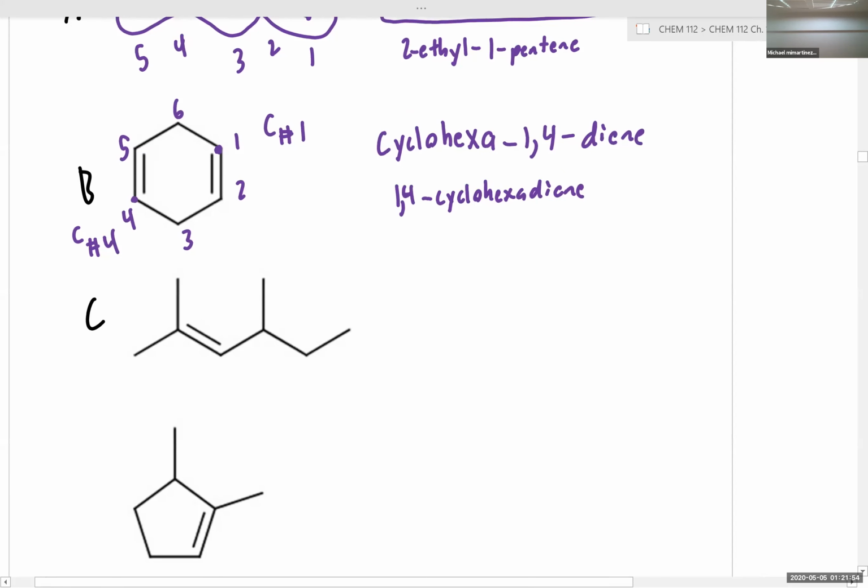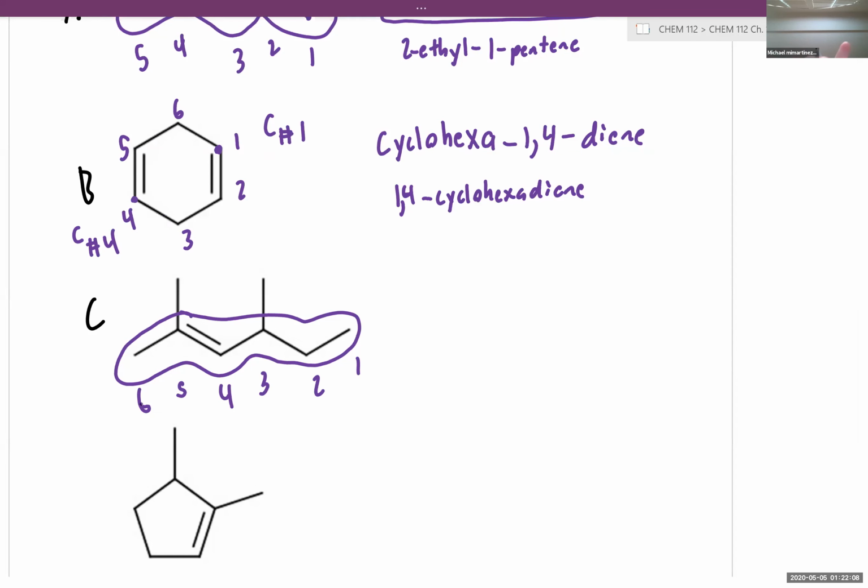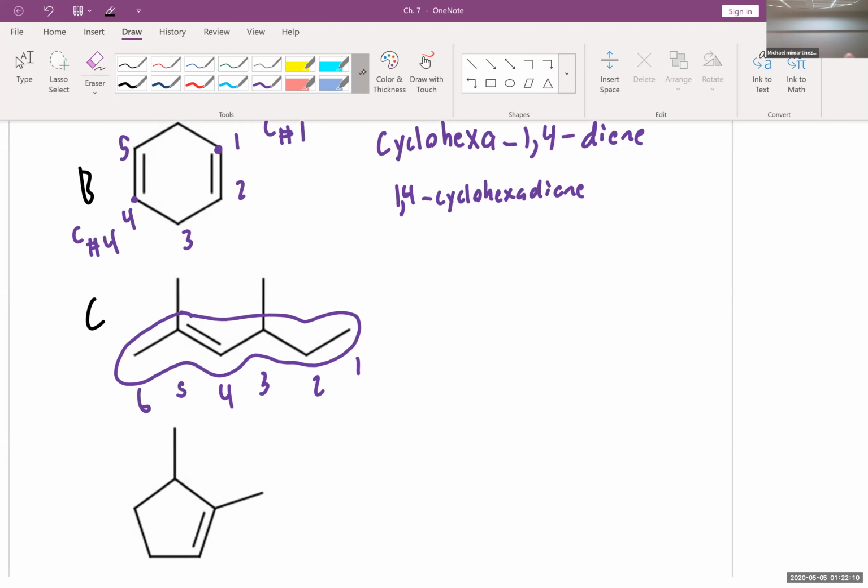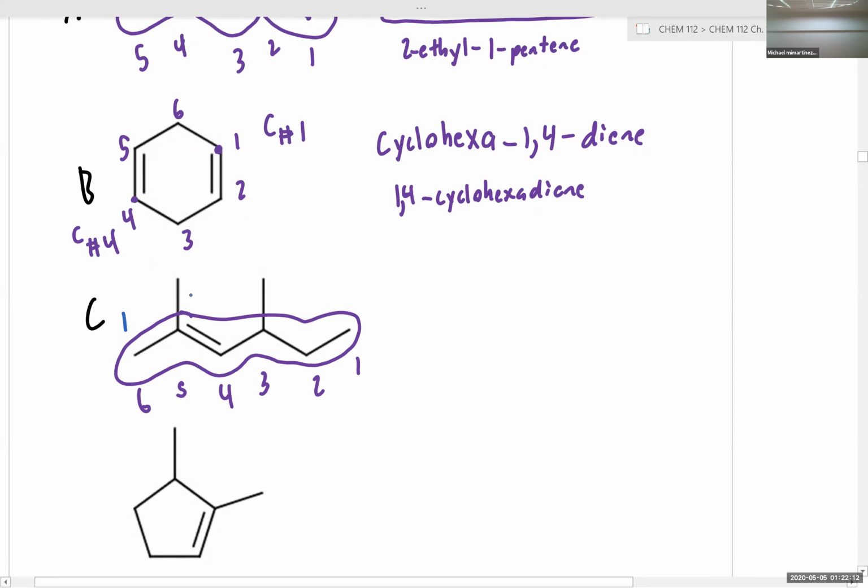Okay, perfect. So we find our longest chain has our alkene, and then we have two numbering conventions. 1, 2, 3, 4, 5, 6 in purple, or an alternative numbering convention in blue. The numbering convention in blue is preferred because it gives the smallest locant number to our alkene.